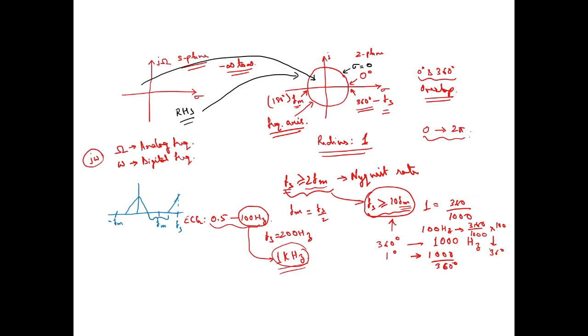So the better idea is that we sample the signal at a higher frequency, say 10 times of FM. Then we can downsize the samples.